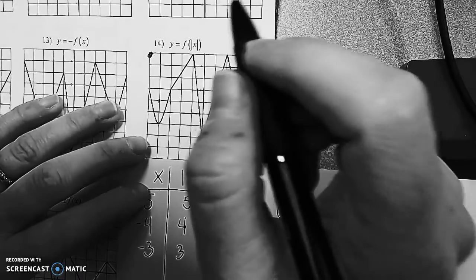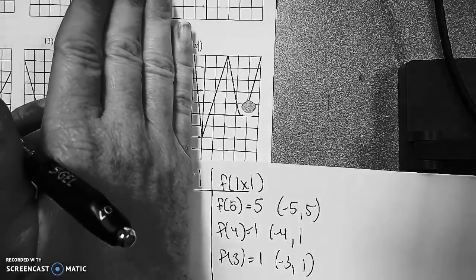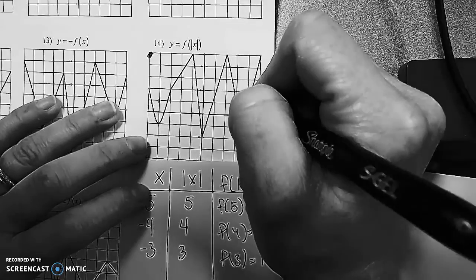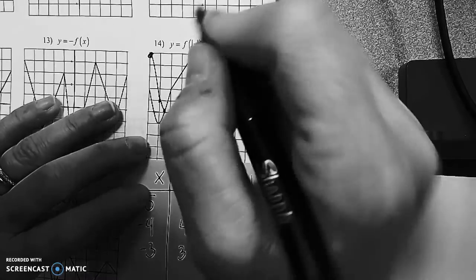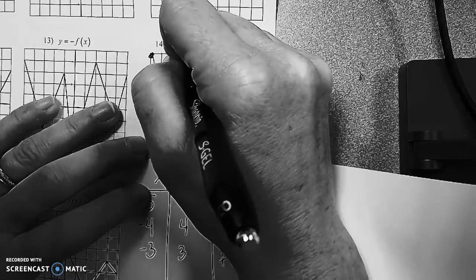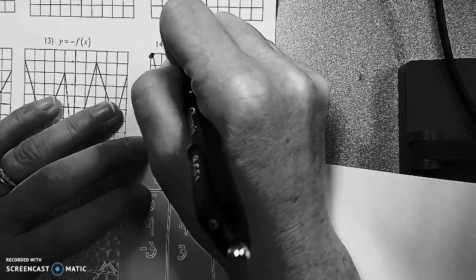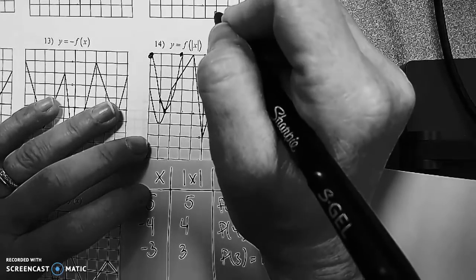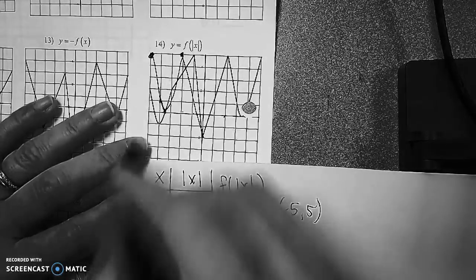And so that is what causes essentially this right-hand side and the left-hand side to end up just being reflected. And so as I go through and do that, let's see, 1, 2 would be 5. I'm just trying to mirror these. Okay, so there's what the left-hand piece would look like.